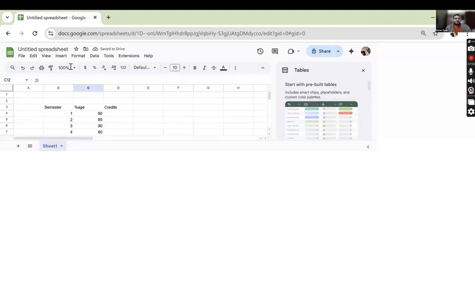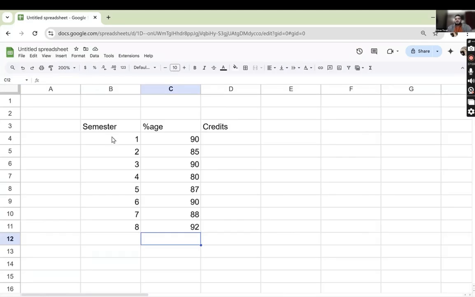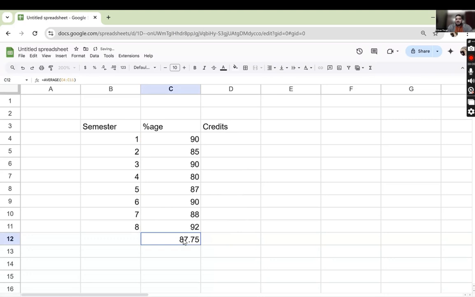Okay, I hope everyone can see my screen. I'm increasing the size. So if you see, I'm talking about 8 semesters and I got these percentage marks, right? Now I can use this average formula. And I got 87.75%. But would it be a correct value? My answer is maybe not.